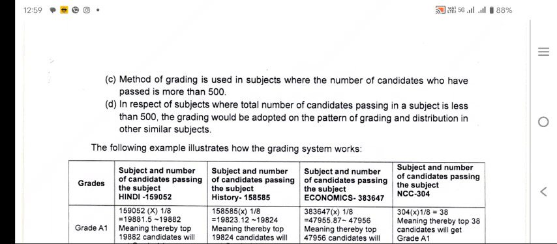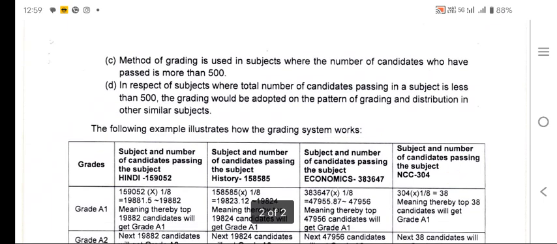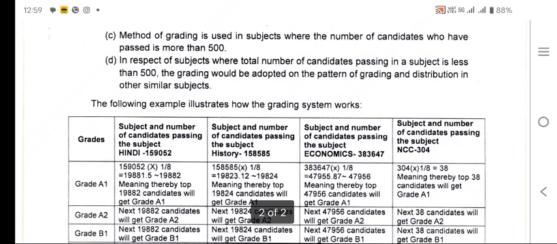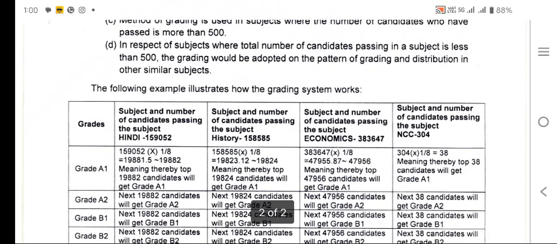It is not on the basis of this, but on the basis of subject-wise grading, where the number of candidates who have passed is more than 500. In respect of subjects where the total number of candidates passing is less than 500, the grading would be adopted on the pattern of the grading and distribution of the other subjects.